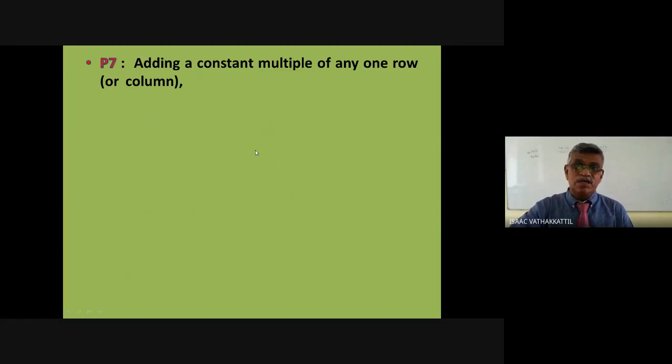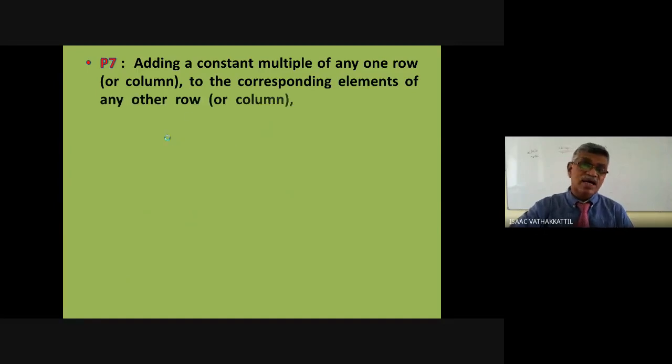Adding a constant multiple of any one row to the corresponding elements of another row. Remember, another row. If it is column to another column, adding a constant multiple of any one column to the corresponding elements of any other column. Row with row, column with column.